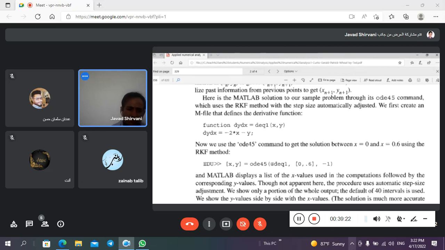You can type this yourself. It's very simple. You just need to know some initial concepts of MATLAB, like for loops and the arrays, the vectors in MATLAB.